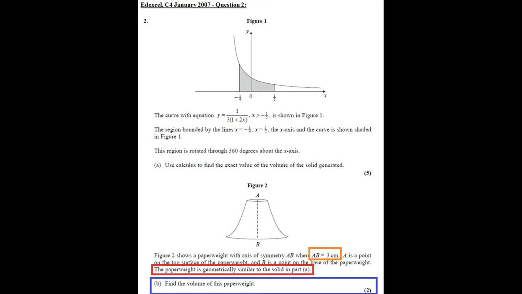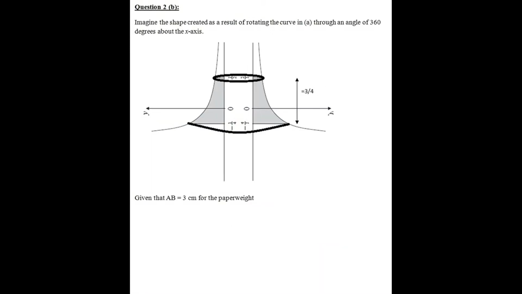We calculated the volume of solid of revolution in part A. If you visualize the volume that we've worked out, and flip that volume to the side, you're going to get a diagram such as this. If you picture the height of this shape, the height will be the half, which is the top part, plus the quarter, the bottom part.